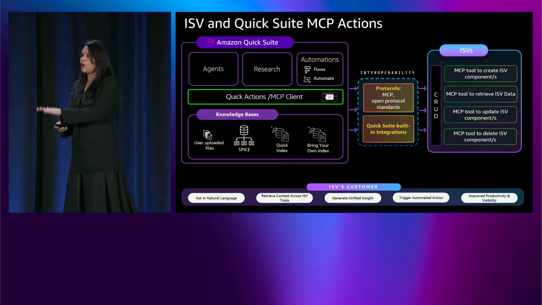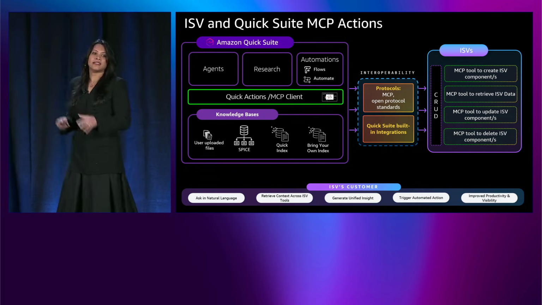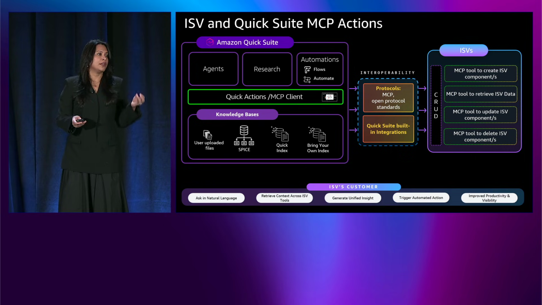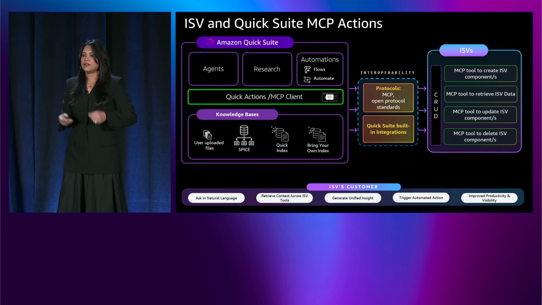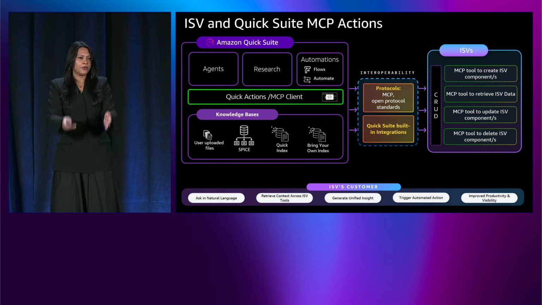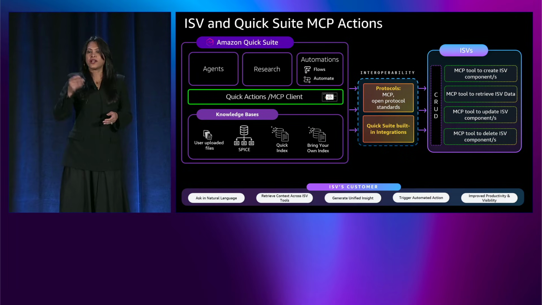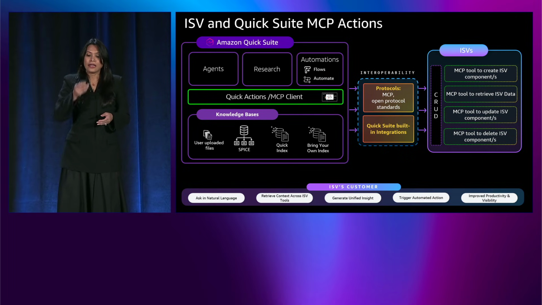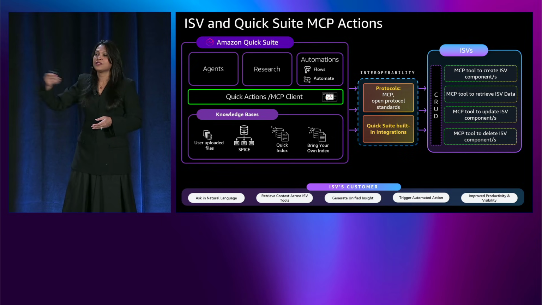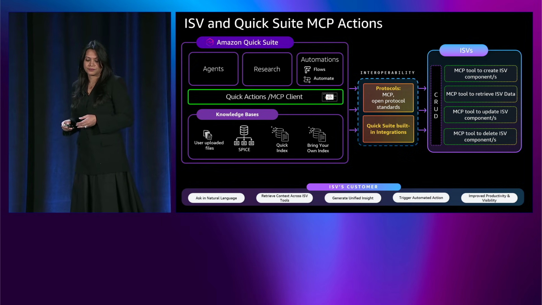Additionally, Quick also supports a managed MCP, Model Context Protocol, client. With a few configuration parameters on the MCP client, customers of Quick can call into any MCP server or actions of their choice.